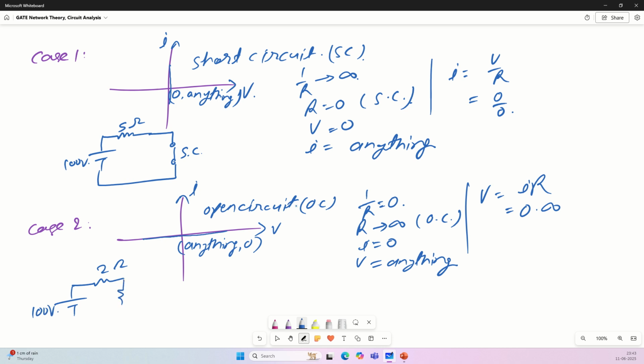It can have, let us say, 2 ohm here as well. And this is the open circuit, like nothing is connected here. So this is how it is going to give us an open circuit condition.